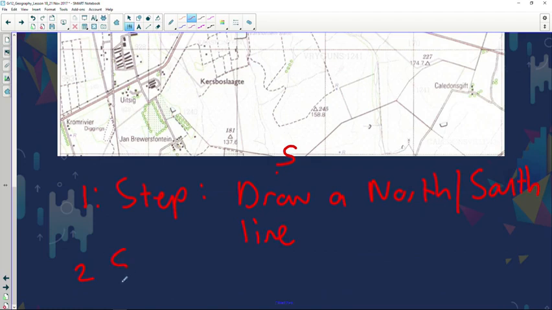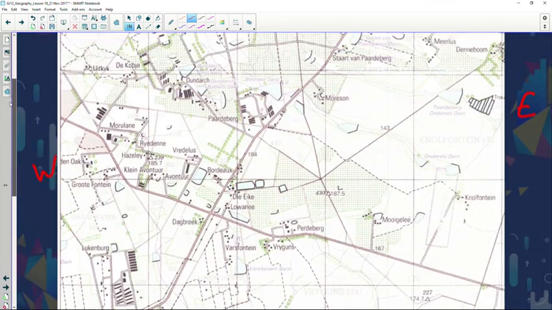Secondly, your second step, draw a line from where and to. And I'm quickly going to give you an example on this topographical map.